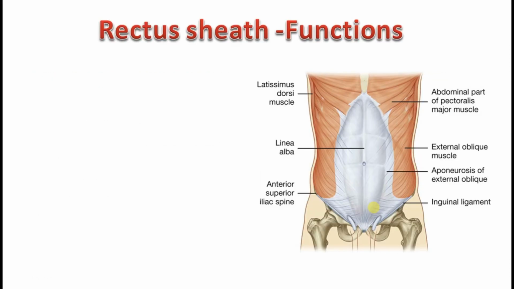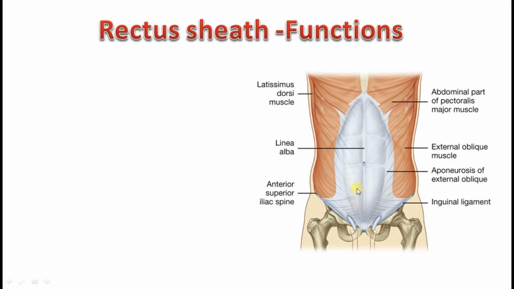So now coming to the functions of the rectus sheath. You all know that the rectus sheath invests the rectus abdominis muscle. First of all, the rectus abdominis muscle itself is very straight in the midline. On either side you have a vertically oriented muscle.